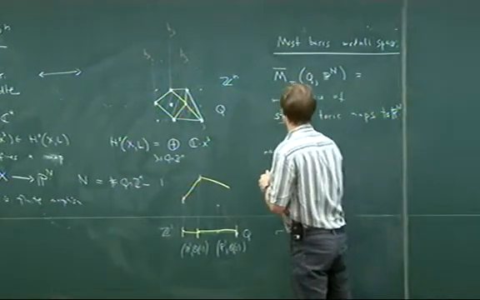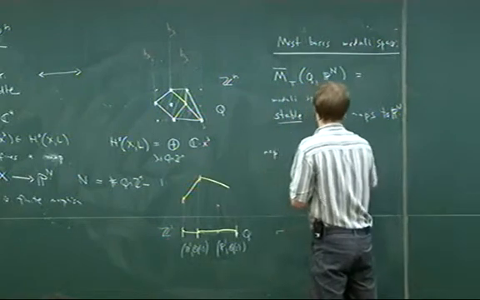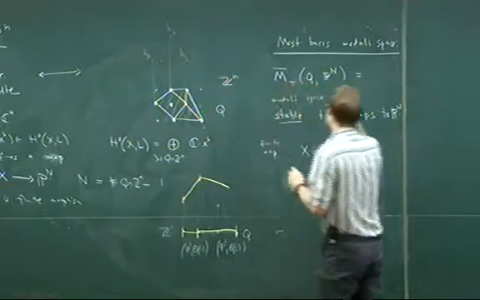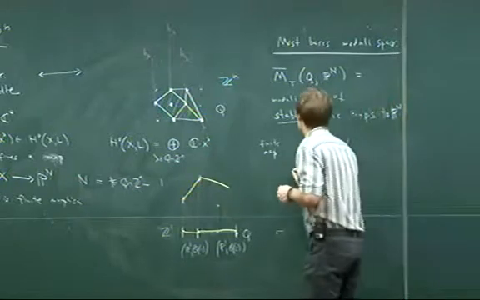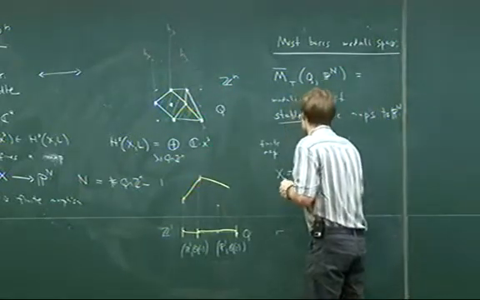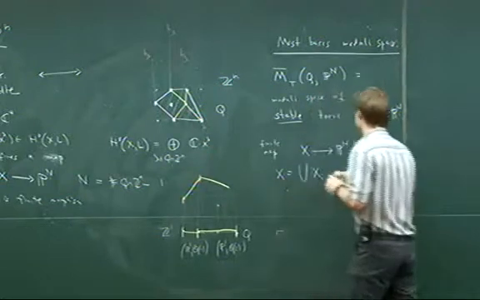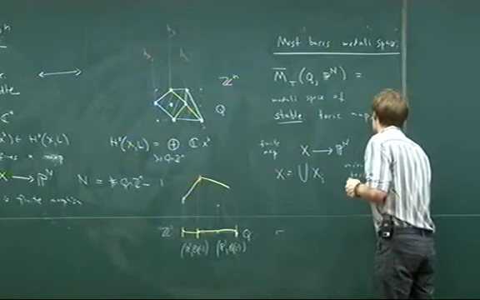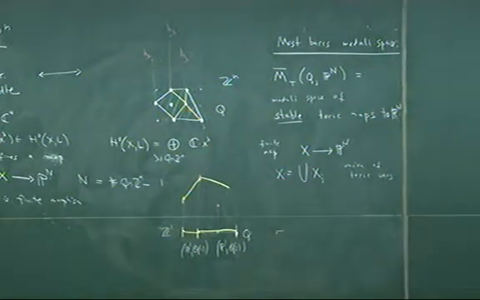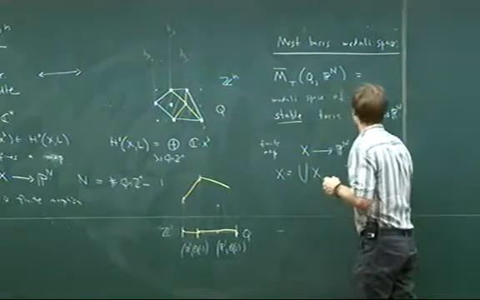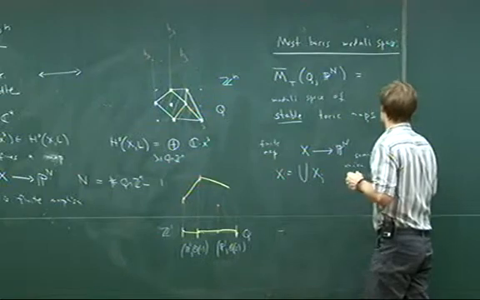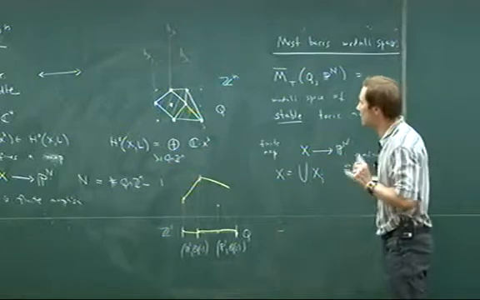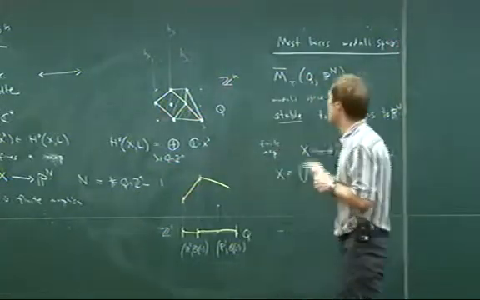These are maps X to Pn, which are finite morphisms, and each X is a union of toric varieties. And a semi-normal union of toric varieties. And so this is the most basic case and the most elementary.